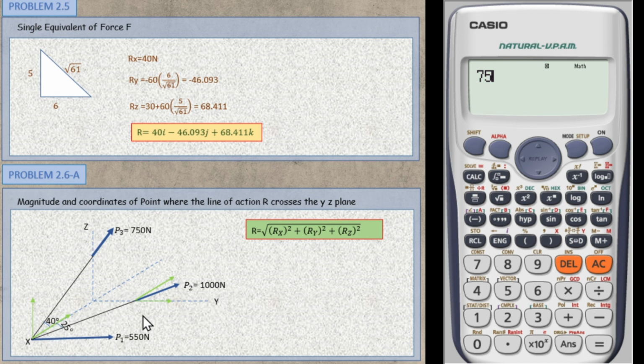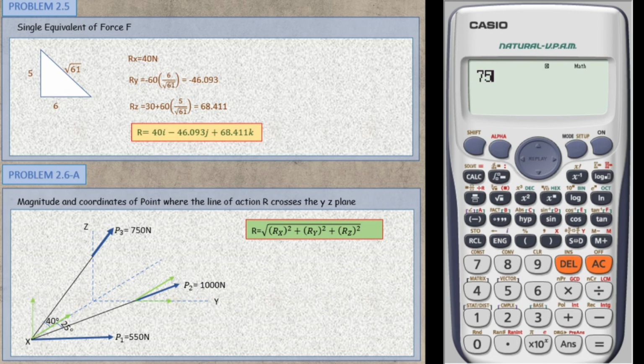So this will be our Rx component, this one and this one. For Ry, we have this 550 and then this, then no more. For Rz, we have this Rz component. Okay.